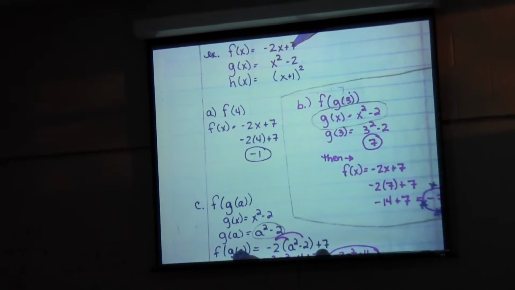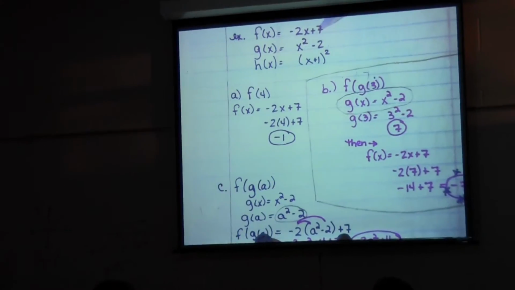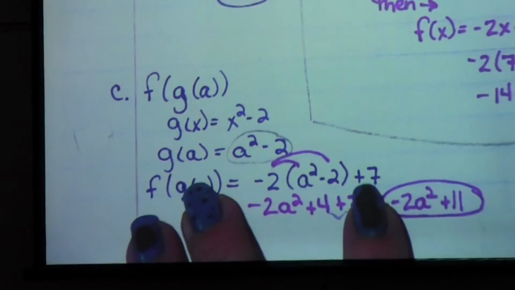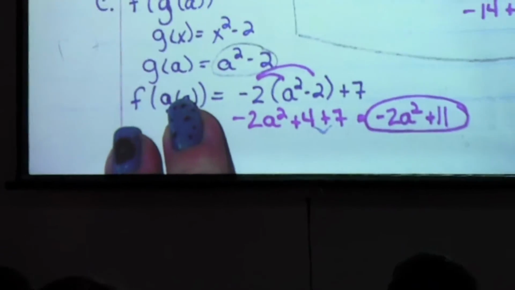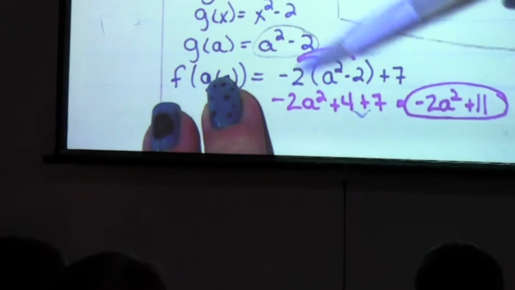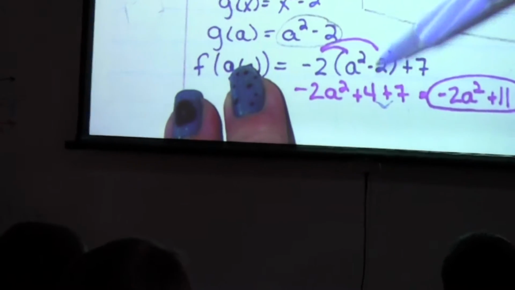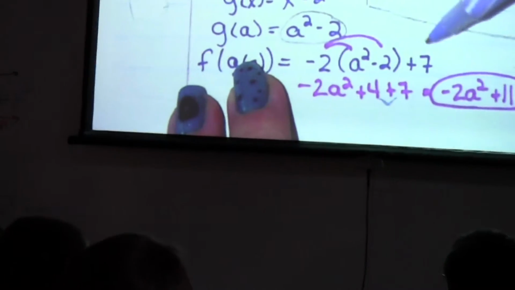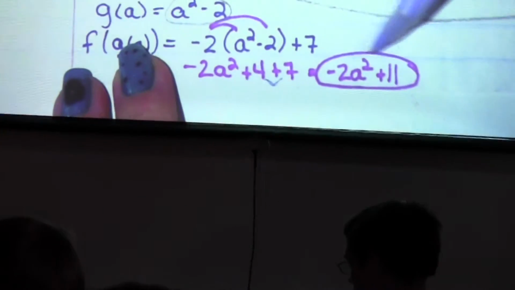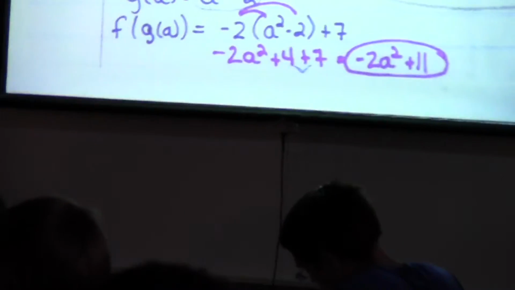And then at the end, we still have our plus 7. Now, that particular one is not so helpful, but we could distribute. Negative 2 times a squared gives us negative 2a squared. Negative 2 times negative 2 gives us a positive 4. Plus 7, bring that down. So we have negative 2a squared plus 11.